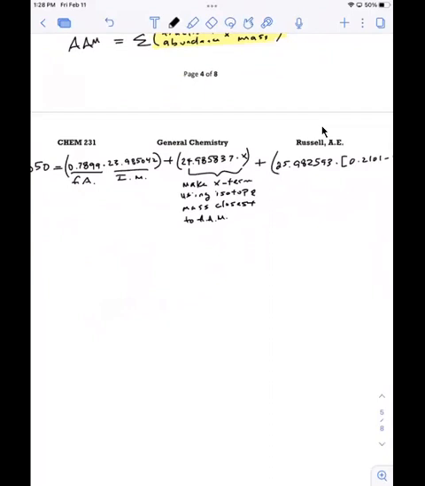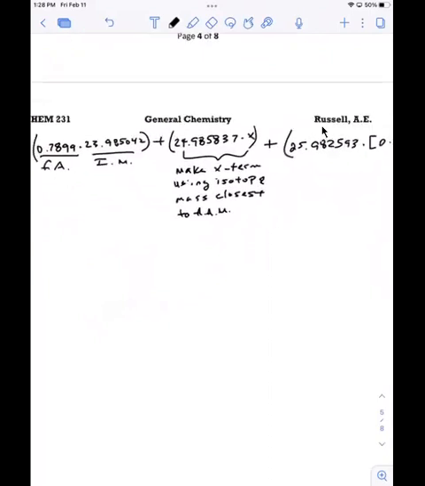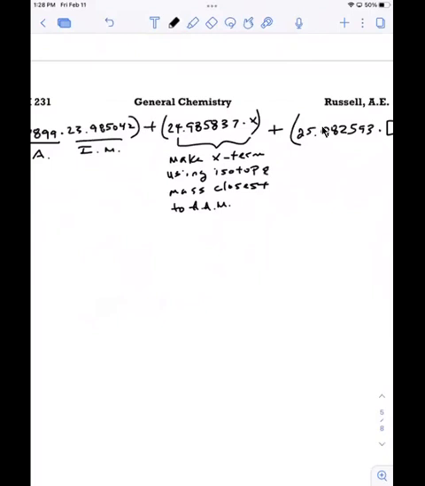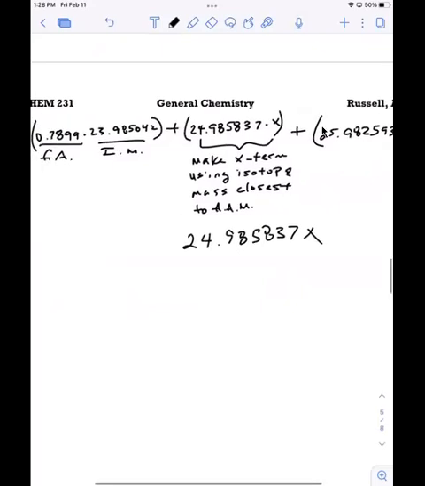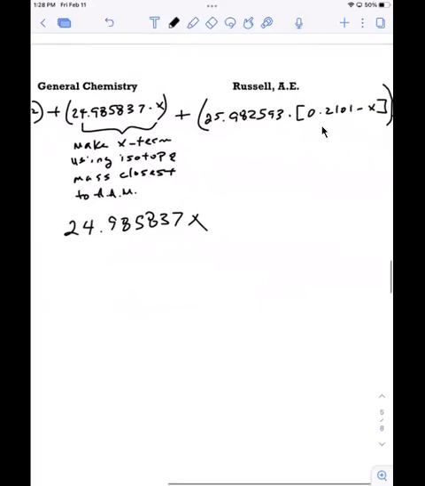All right, so this number we can just bring down, because that times X is just going to be 24.985837X. And then the back term we need to distribute. So this is going to be times that and times that.